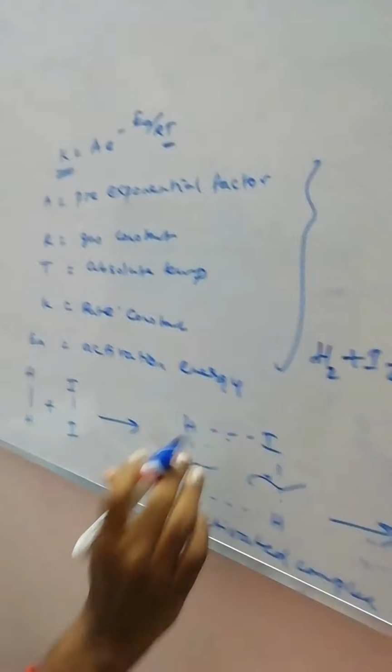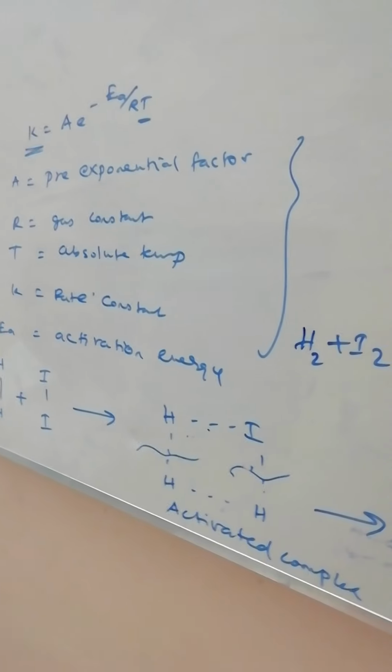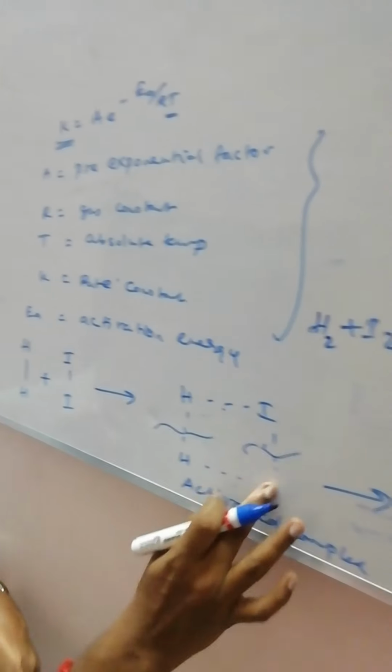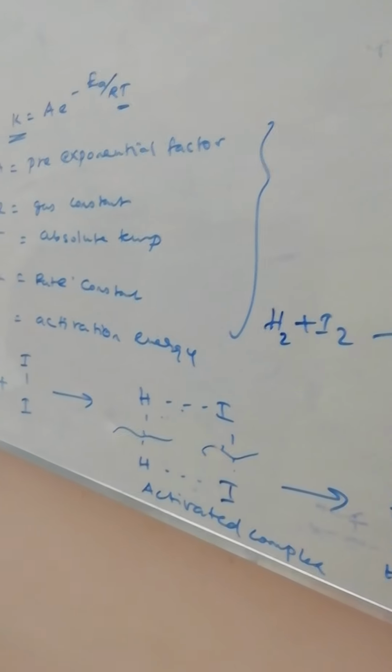After that, it will break down into product. It will form the product, 2 HI. Here breaking takes place. HI, here also HI. Right?